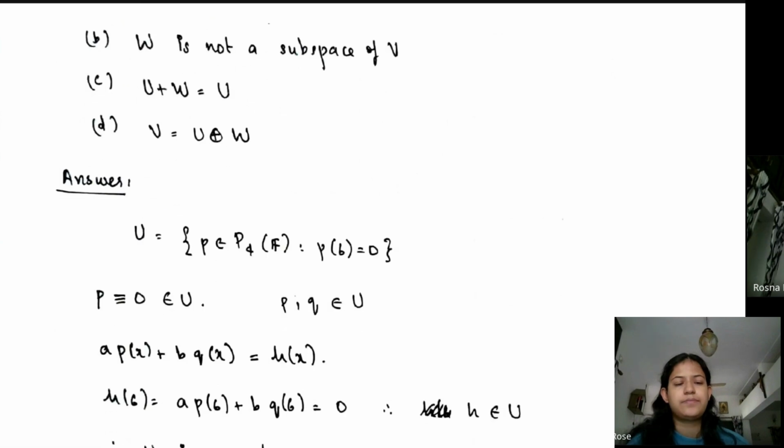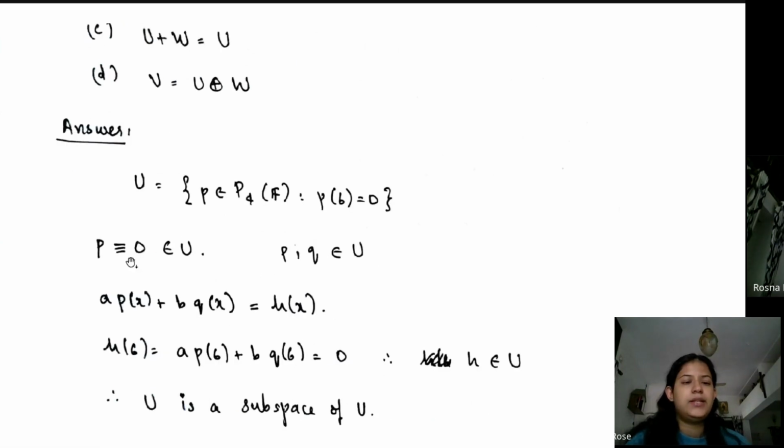Okay, let's check. So you have U, which is a vector space which contains all the polynomials such that P of 6 equals 0. So clearly the 0 vector belongs to U, and we check it in the same way. Like if P and Q belong to U, then does their linear combination also belong to U or not? So I take their linear combination as H of x.